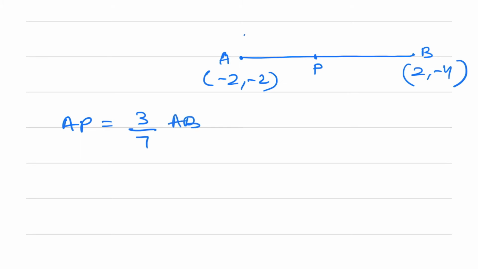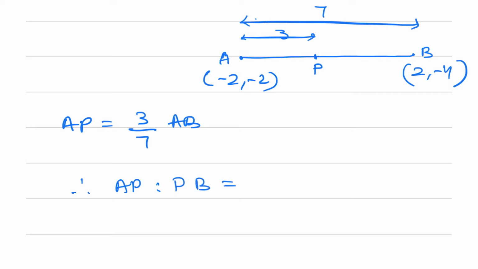So we are given the ratio of this is to this. This is 3 and this is 7. Therefore AP is to PB is equal to 3:4. PB is equal to 7 minus 3, so it will be equal to 4.